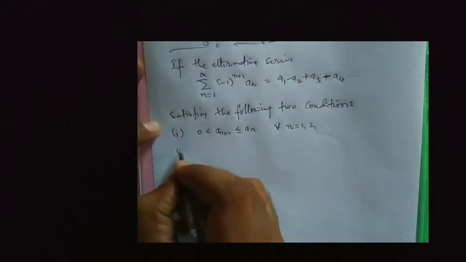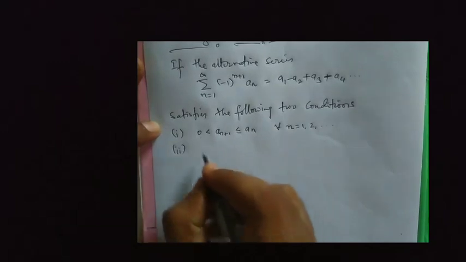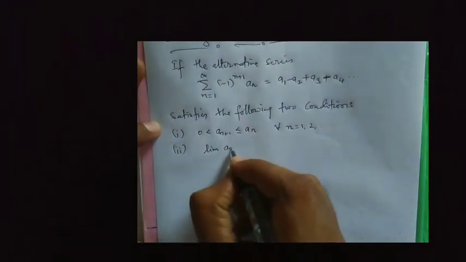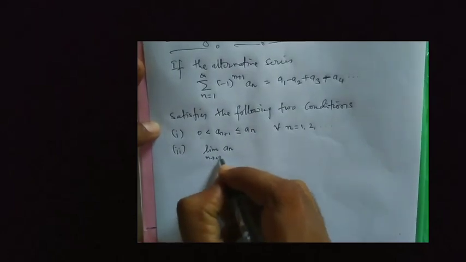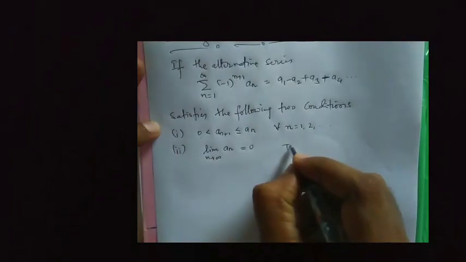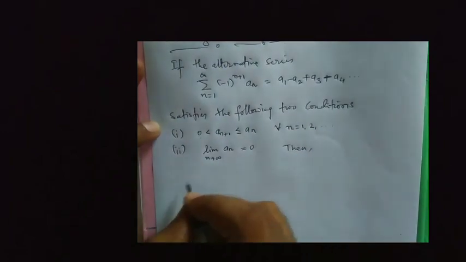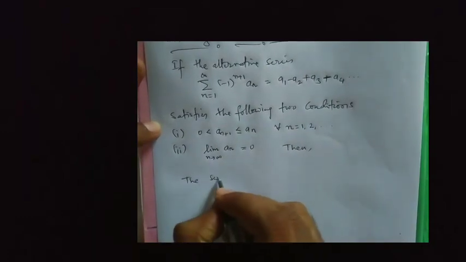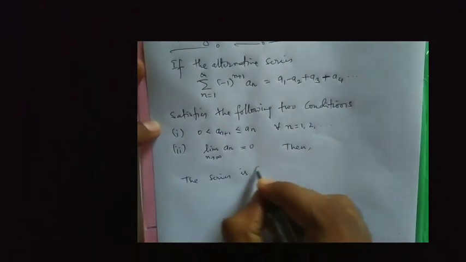And the second condition is the limit of an as n tends to infinity is equal to 0. Then this alternative series is convergent.